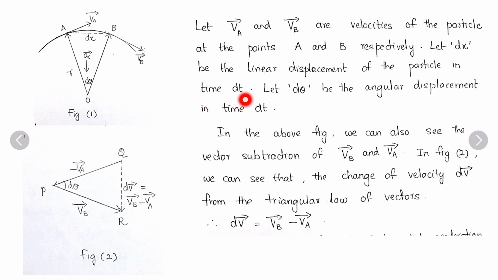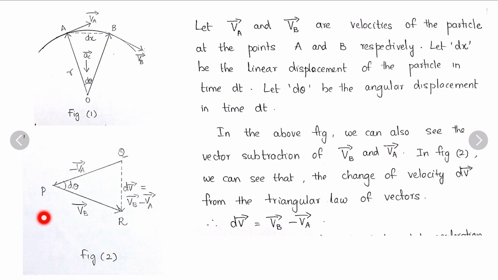So the change in time is dt, the change in linear displacement is dx, and the change in angular displacement is d theta. That means dx is the linear displacement, dt is the time duration, d theta is the angular displacement in this time dt. In this figure we have taken this vector subtraction.